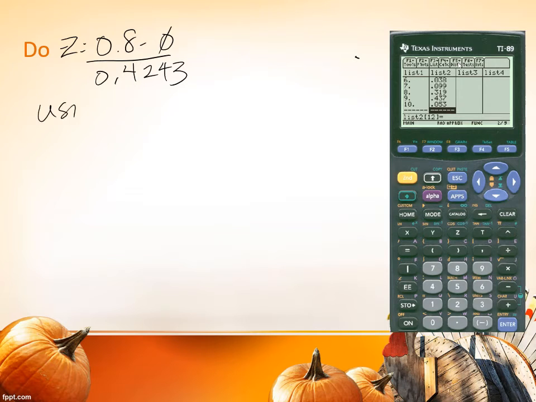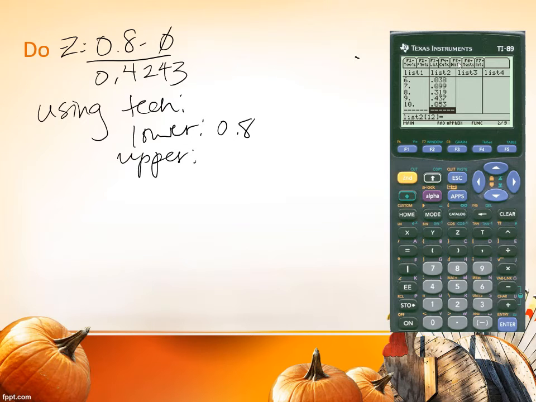So using TEC, I'm going to say that this is my lower, in this particular case, 0.8. My upper was infinity. My mean is 0, right? And my standard deviation is 0.4243.